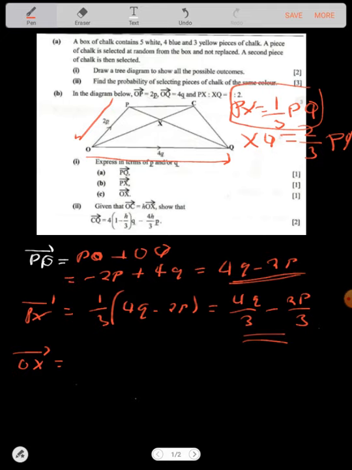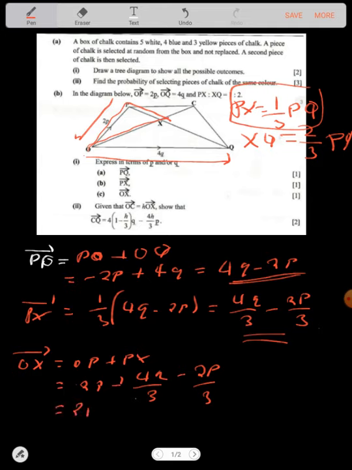Then we have OX. OX means, remember, OX is here. Now how can we move from O to X without using OX? We can move from OP to PX, right? Yes. So we have OP plus PX. OP is 2P, remember, and PX we just found that it's 4Q over 3 minus 2P over 3. We can now work this out and collect the like terms.